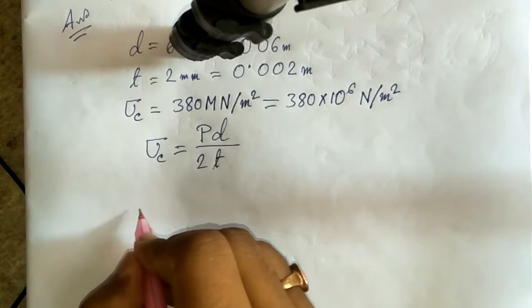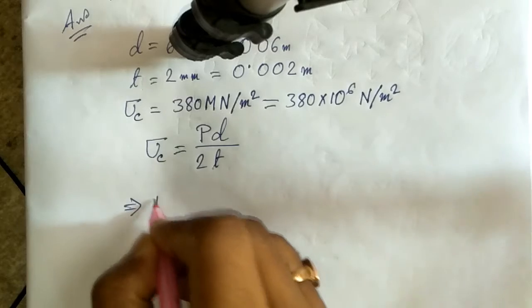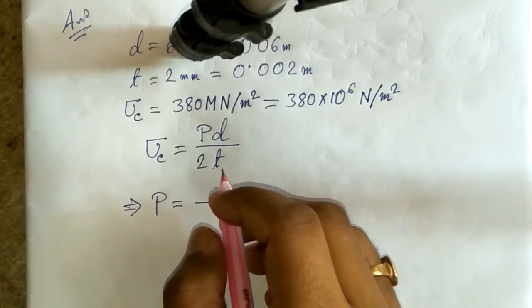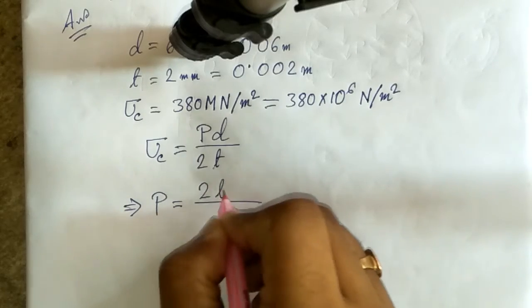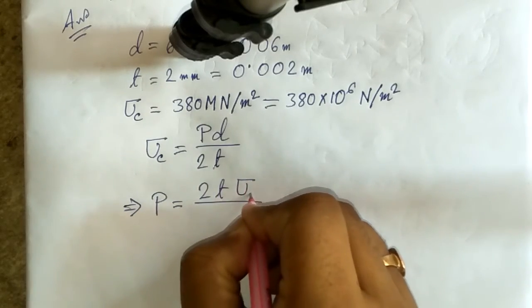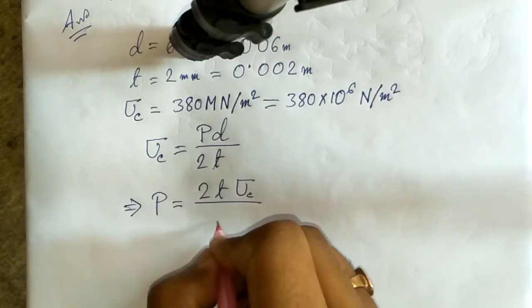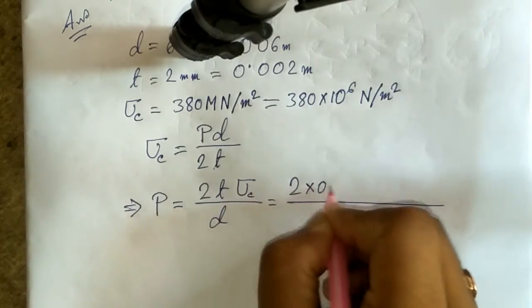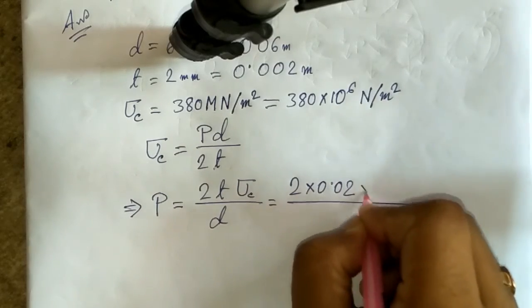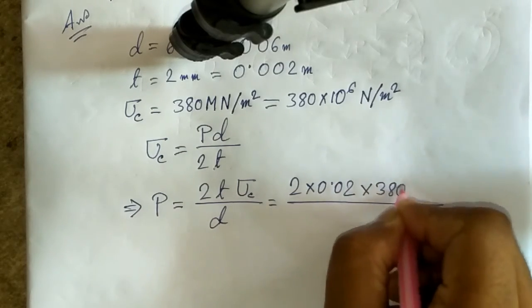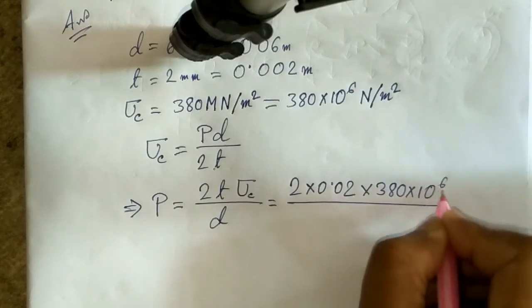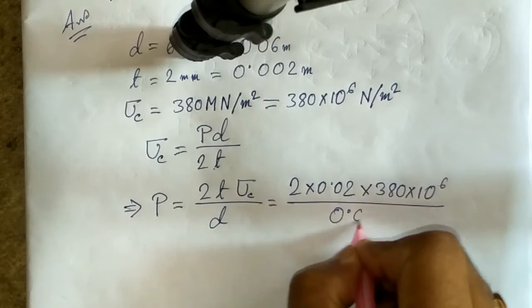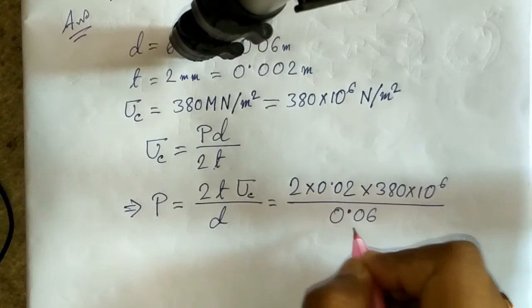So the pressure P becomes 2T into sigma c by d, that is 2 into 0.002 into 380 into 10 to the power 6 by 0.06.